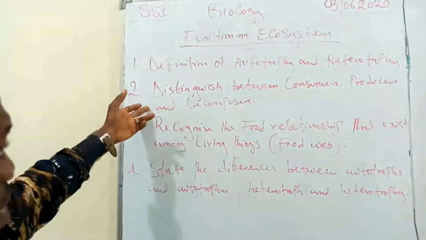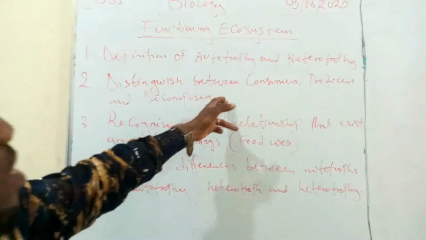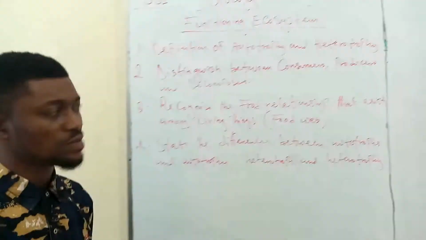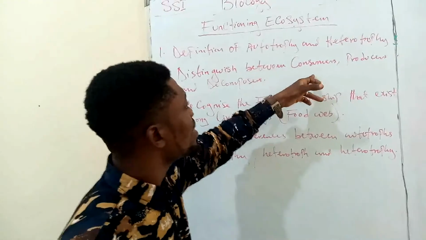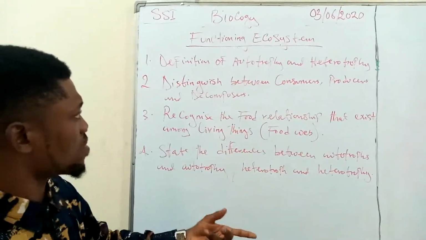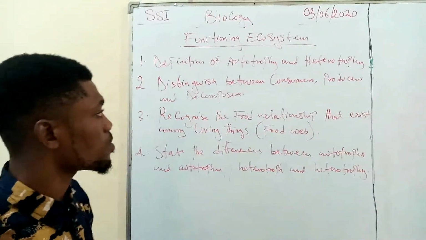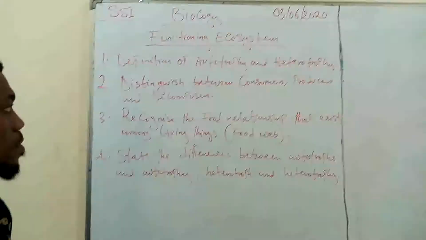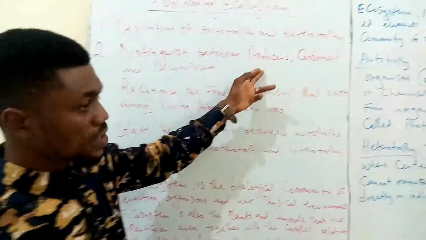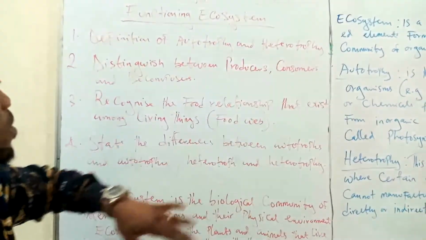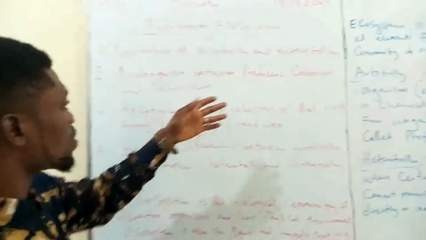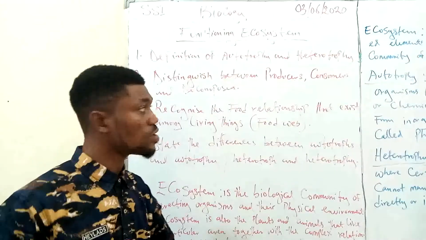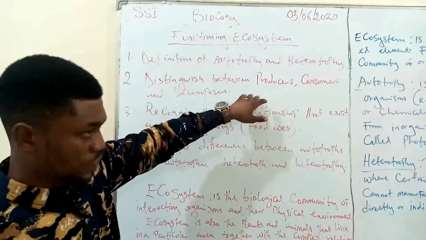Let's go down to the second objective, which is to distinguish between consumers, producers, and decomposers. Now, the producers can also be called autotrophs because they can manufacture their own food and give it out for other organisms to feed on.